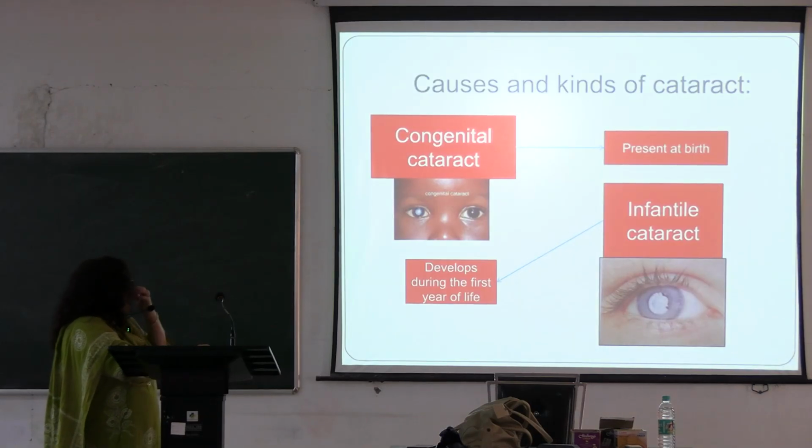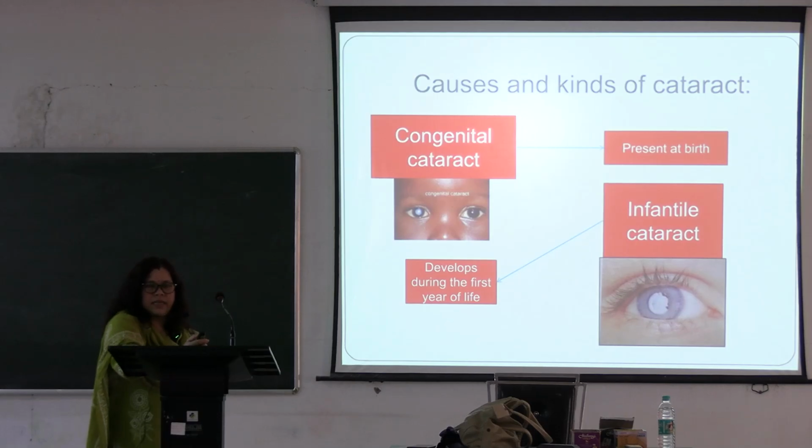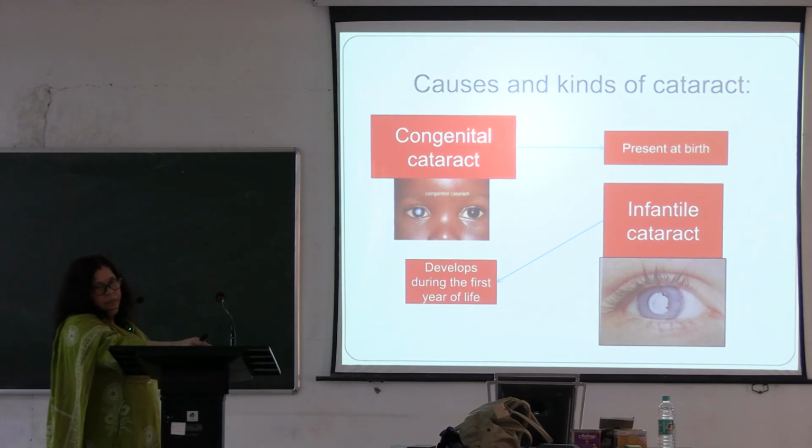In etiological classification, it is divided into many groups. First is congenital cataract, second is acquired cataract, third is traumatic cataract. Fourth is metabolic cataract, which occurs in diabetes mellitus, galactosemia, and hypoglycemia.